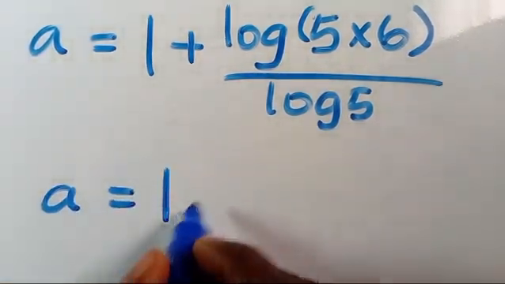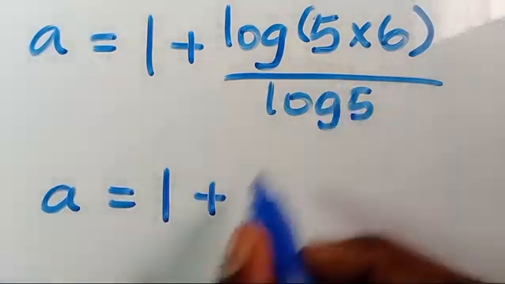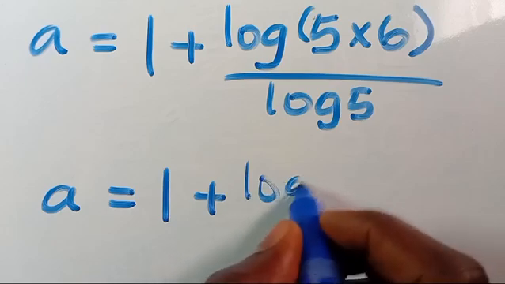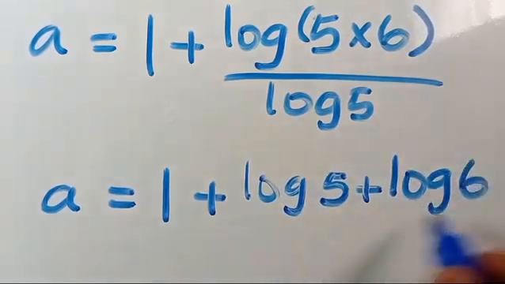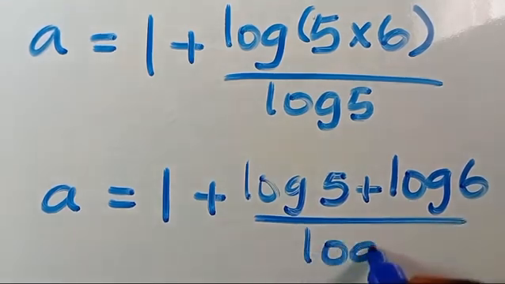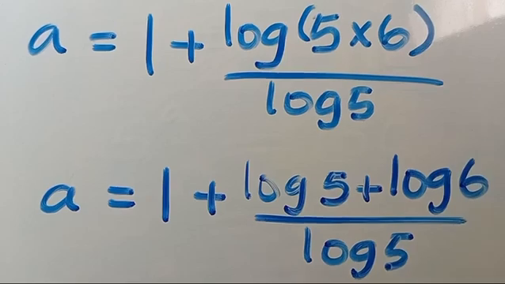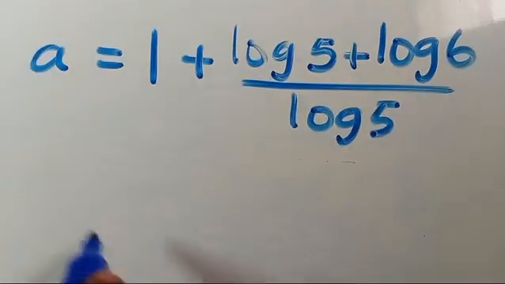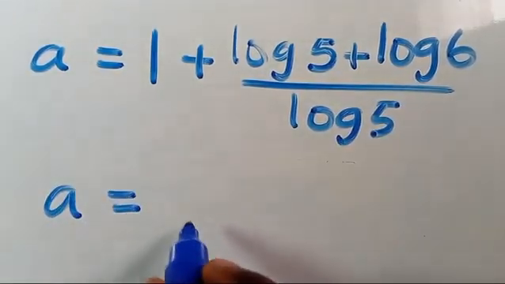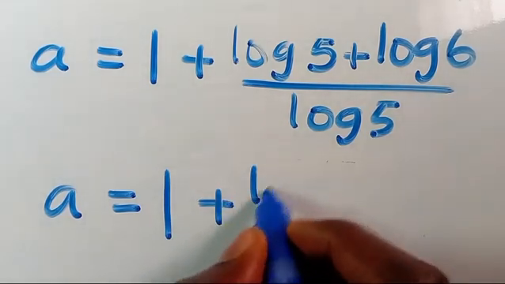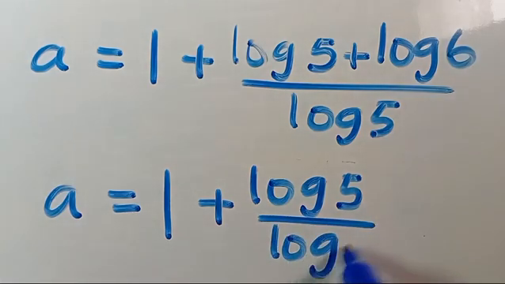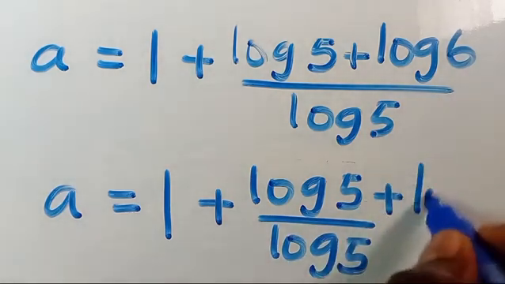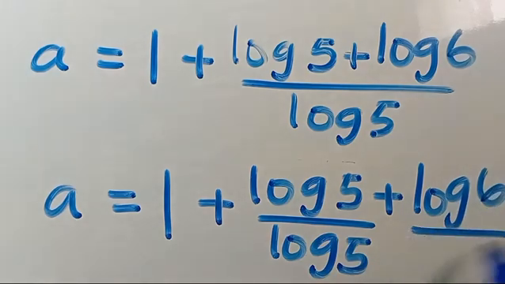So a will be equals 1 plus, this can be simplified as log 5 plus log 6 divided by log 5. So dividing through by this, here will be a equals 1 plus log 5 divided by log 5 plus log 6 divided by log 5.